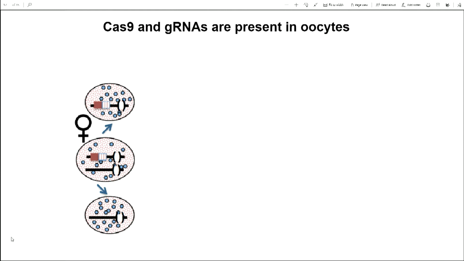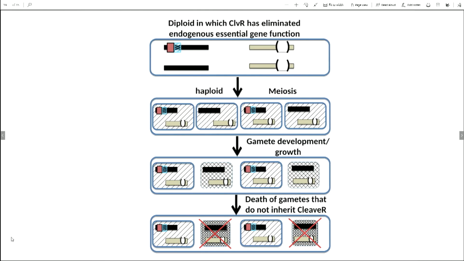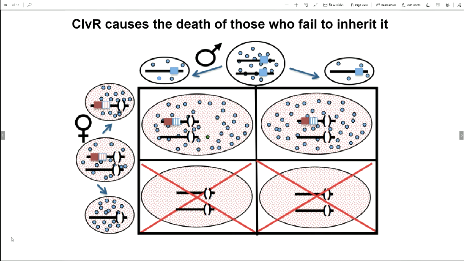Now, very importantly, Cas9 guide RNAs are stable as protein RNA complexes, and thus they get carried over into the embryos that arise from these oocytes.